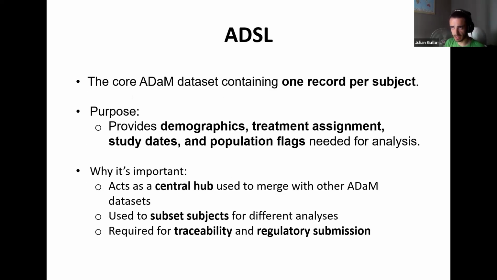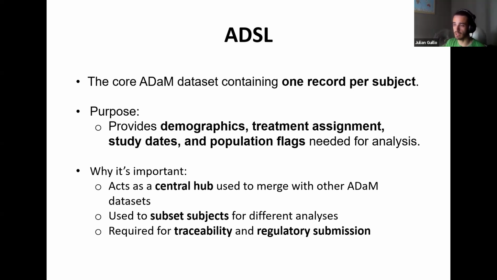So the ADSL is sort of the core ADaM dataset that contains one record per subject, as I just told you. And the purpose is to provide several pieces of information about each subject, like the demographics, the treatment that has been assigned to that subject, the dates of the study, some flags for the population, and many things that can be needed for the later analysis.